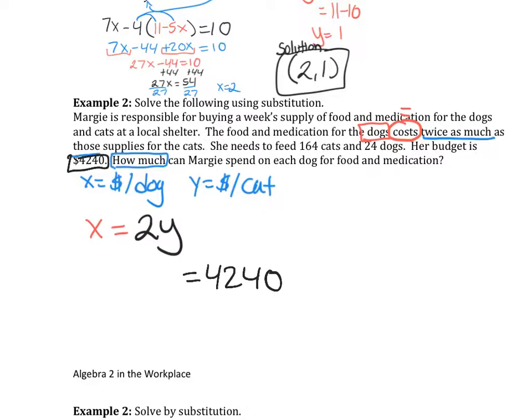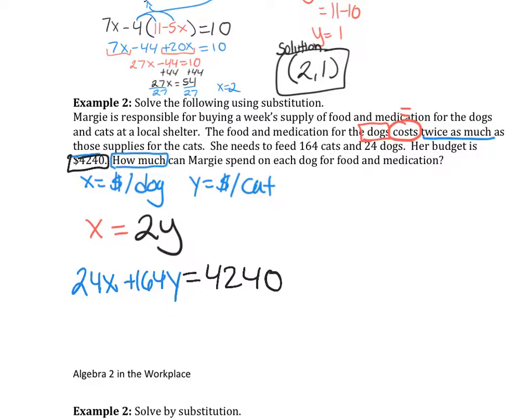Then to get the rest of the equation, if we take the number of dogs times the cost per dog, that'll give us the total amount of money for dogs, so 24x, plus the total number of cats times the cost per cat. Any questions about setting up these two equations?